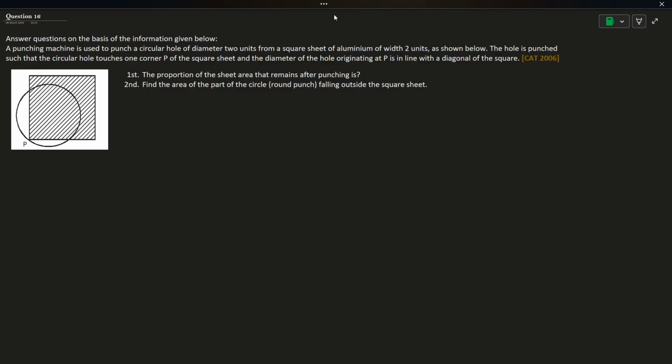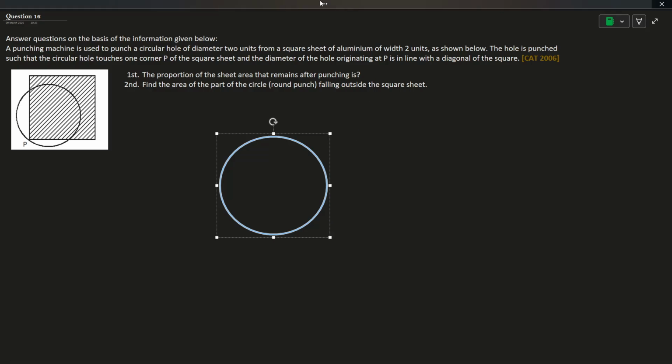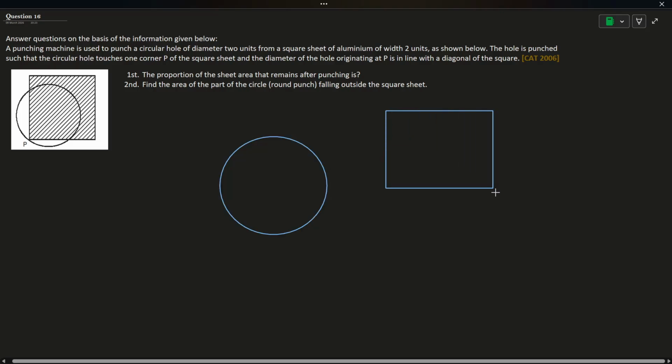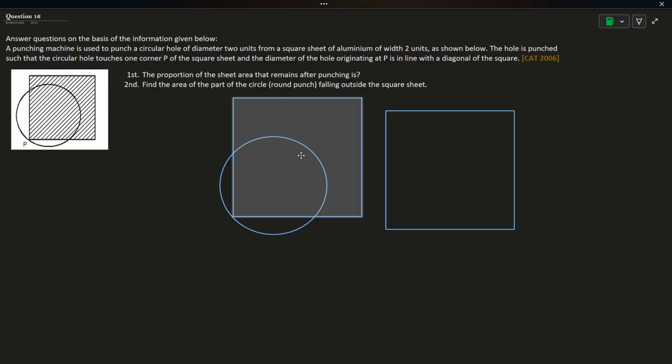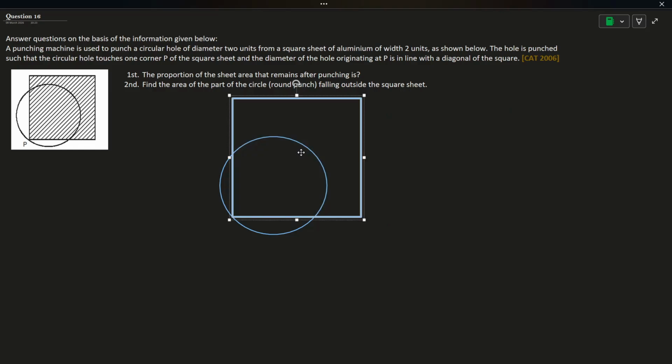Okay, let me draw a circle and a square. All right, and let me join the diagonals.